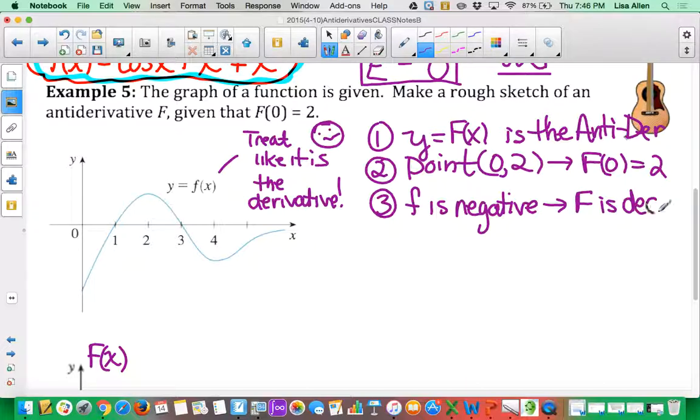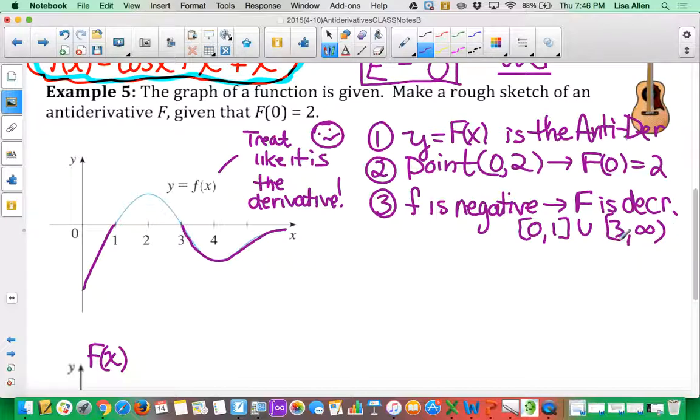I'm going to abbreviate that, decr. And let's look at the intervals where that occurs. So lowercase f is negative here and here. It looks like it's negative from 0 to 1, union with 3 to infinity.